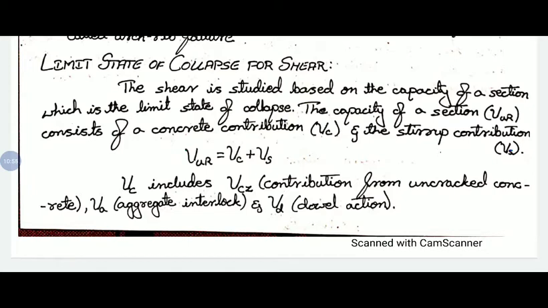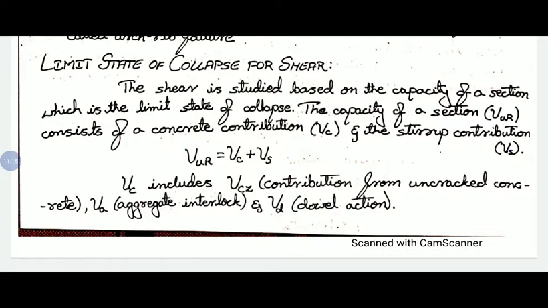So what are those guidelines? Here, shear is studied based on the capacity of the section. So what is the maximum shear stress carrying capacity of the section? Based on that we are going to study the limit state.